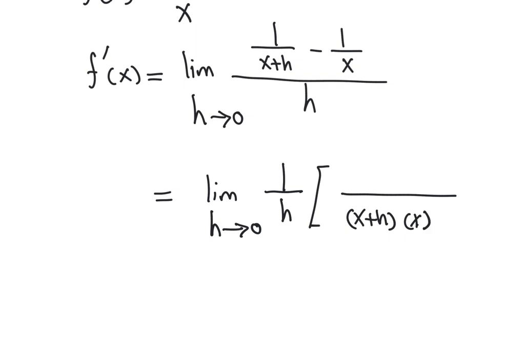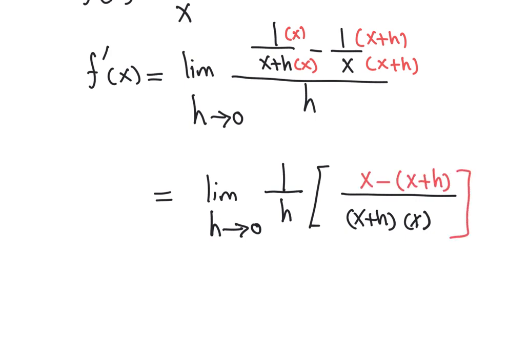So you multiply the first fraction by x and the second fraction by x plus h. So it is x minus x plus h. Then you remove the bracket, it is x minus x minus h. You can cancel x by minus x.